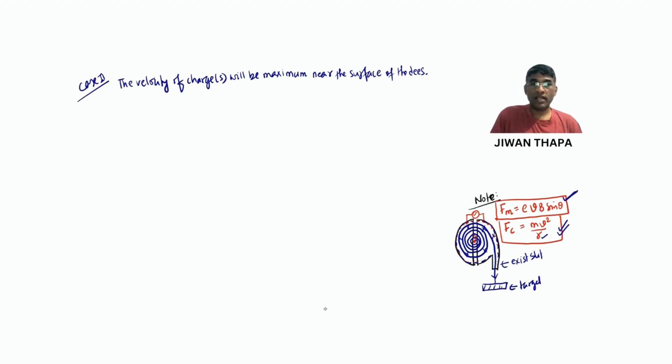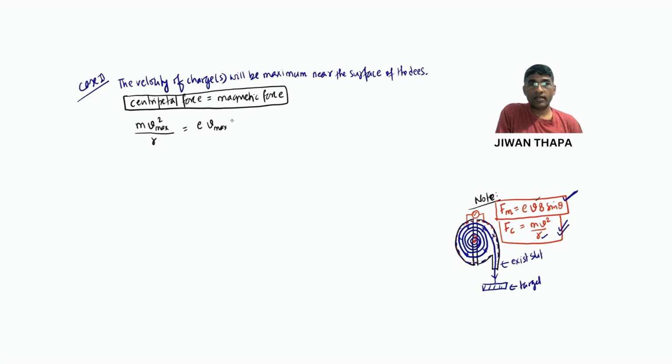The centripetal force equals the magnetic force. So for the maximum velocity, we can write m vmax² by r equals the magnetic force, e vmax B sin θ, with θ equal to 90 degrees.